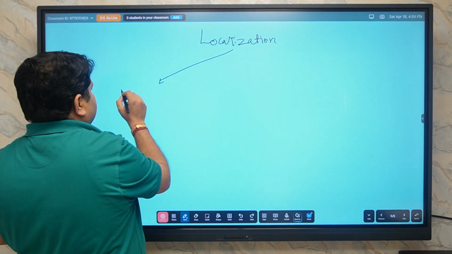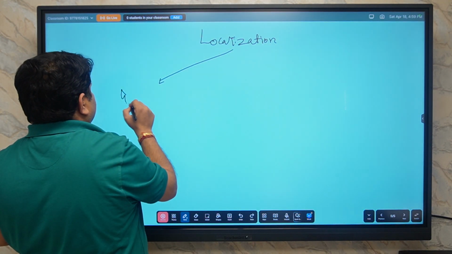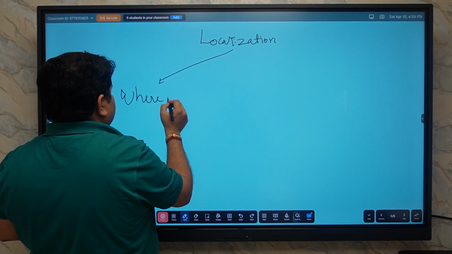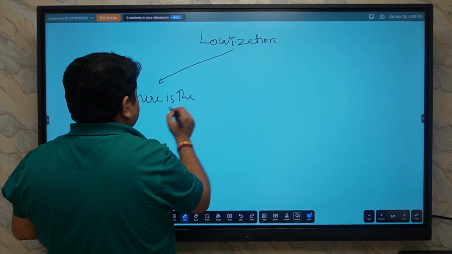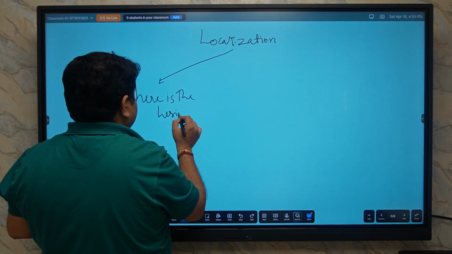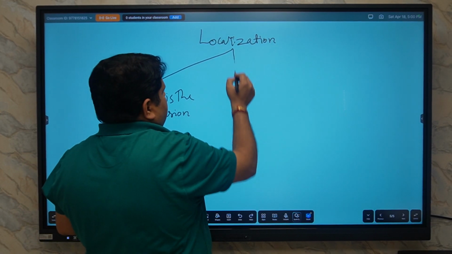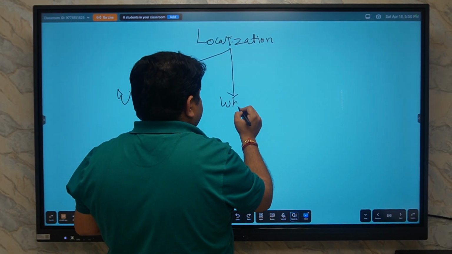First, where is the lesion? Second, what is the lesion?